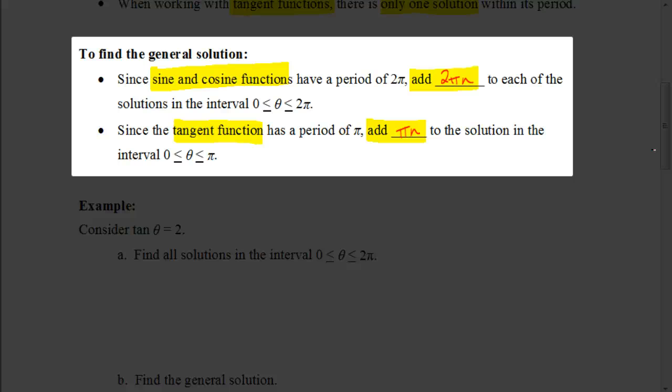The tangent function is unique because it has just the one solution, and it also has a period of pi as opposed to 2 pi. So when finding a general solution for the tangent function, we add pi n to the solution in the interval of just one cycle or one period.